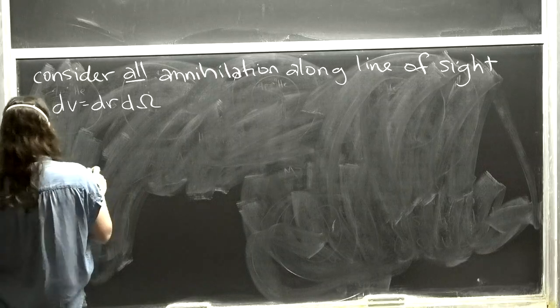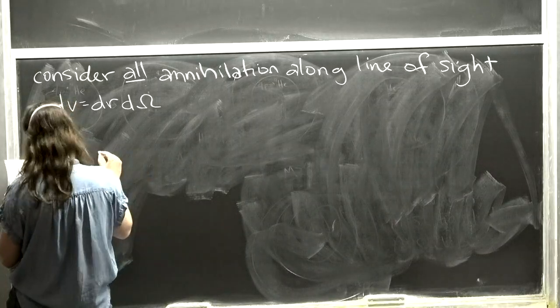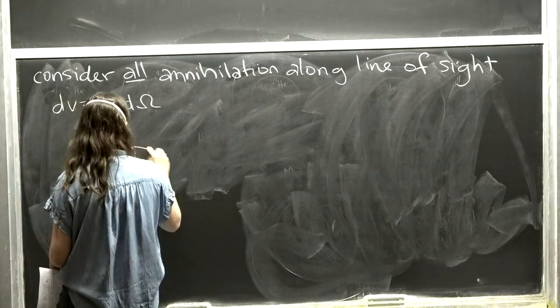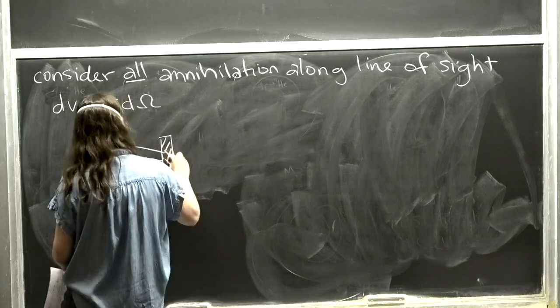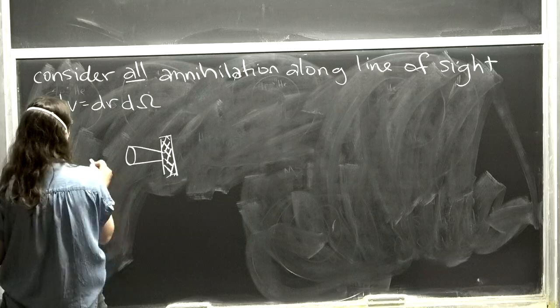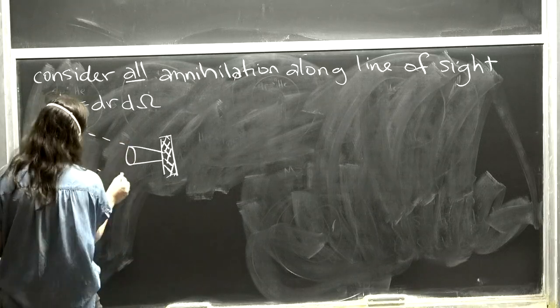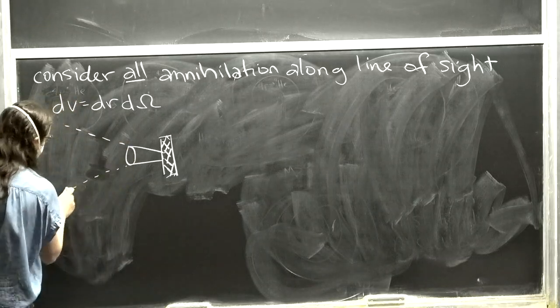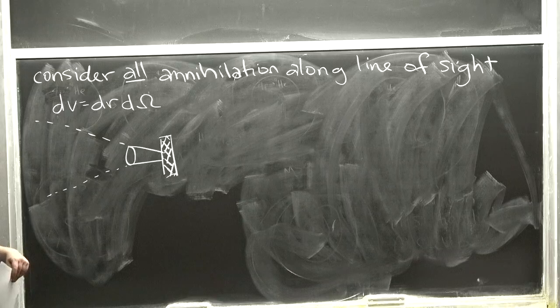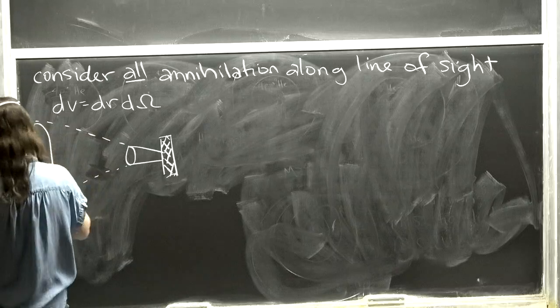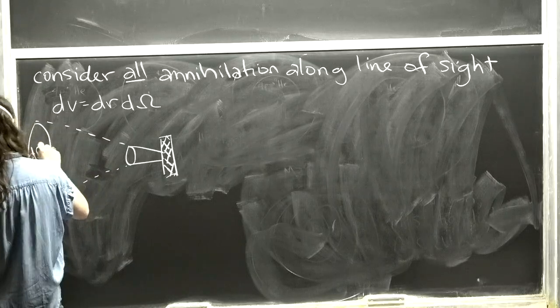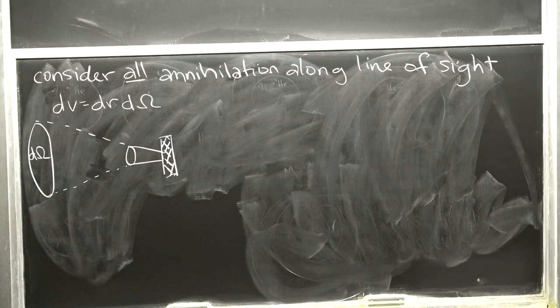Schematically, again, here's my telescope, and maybe it has some field of view or some kind of pixel effective point spread function with some angular d omega. Some fraction of the sphere.